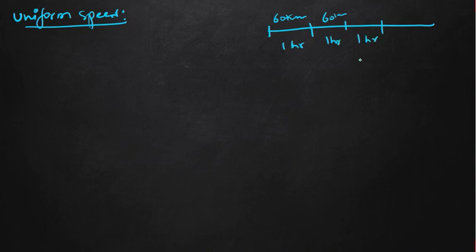Suppose a car is moving 60 kilometers in 1 hour, and again in the next 1 hour it also travels 60 kilometers, and this is also 1 hour. So in equal intervals of time, if a body moves equal distance, then that type of speed is known as uniform speed. You write it from the book to get the definition.